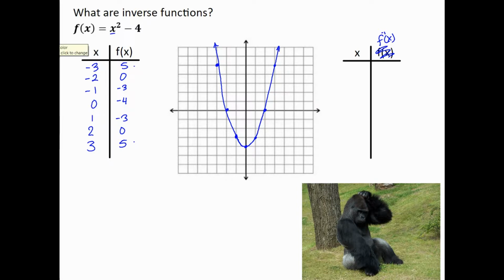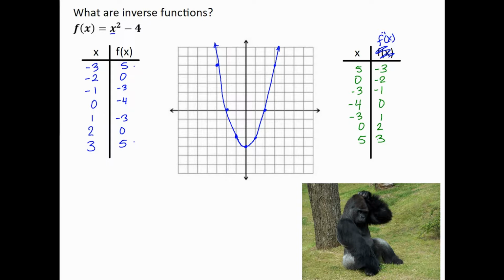Negative 3, 5 becomes 5, negative 3. Then 0, negative 2, then negative 3, negative 1, negative 4, 0, negative 3, 1, 0, 2, and 5, 3. Hopefully I did not make a mistake there.